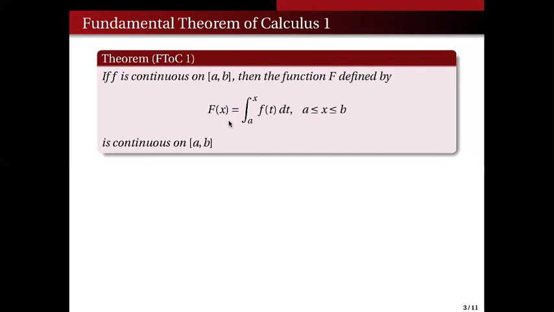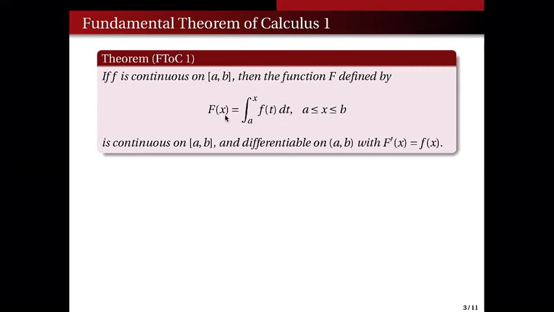function capital F defined by this, capital F of x equals the definite integral of f of t dt from a to x, where x is between a and b, inclusive. So this function is continuous on the closed interval [a, b]. It is differentiable on the open interval (a, b).